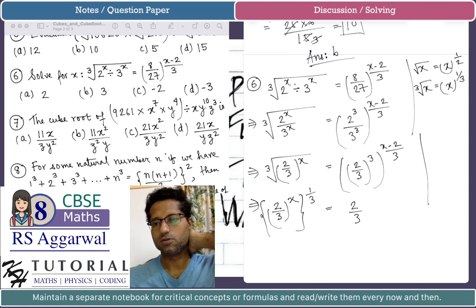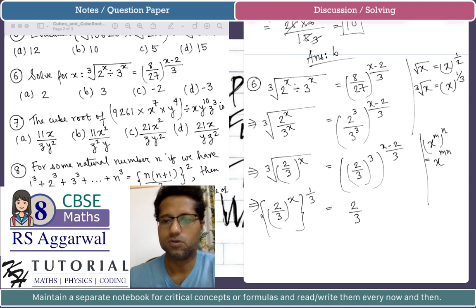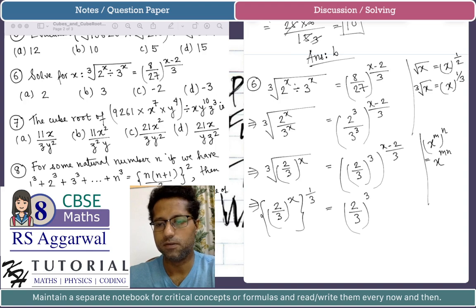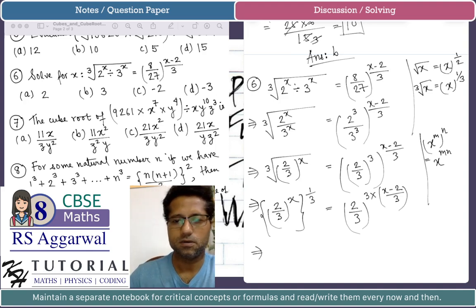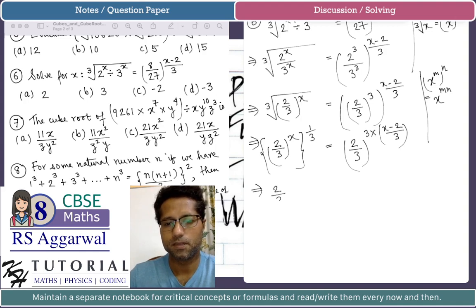So we will apply the concept that x to the power m whole raised to the power n is equal to x to the power mn. The two levels of powers, that is m and n, get multiplied. So this will become (2 by 3) raised to the power 3 multiplied by x minus 2 by 3. Similarly, the left hand side will be (2 by 3) raised to the power x multiplied by 1 by 3.